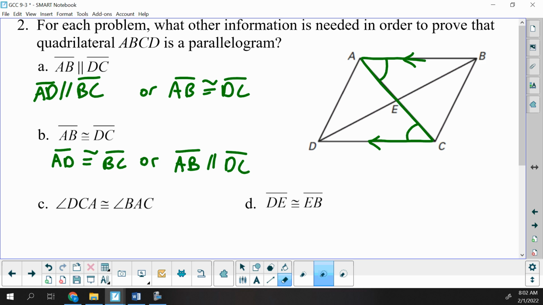Well, if those 2 are parallel, we're essentially working like we are in part A. So the additional information we would need is either the other side parallel, so you could do AD parallel to BC, or you could get the same side congruent, AB congruent to DC.